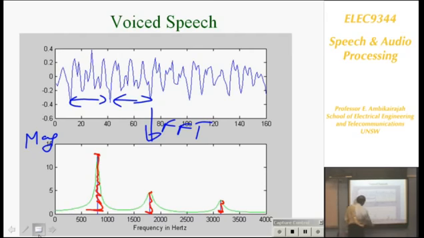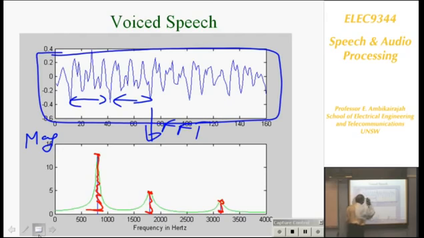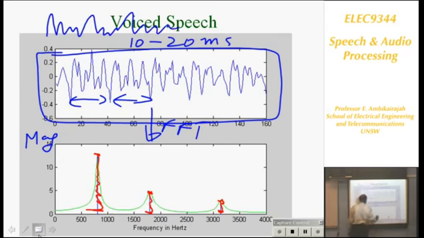And you can see here, this is the whole data. You don't analyze a small section, but the whole frame, which is about 10 to 20 milliseconds. If you're doing frame processing like that, you divide the speech, and it doesn't matter where you start, you say that's my first frame, that's my second frame, frame 1, 2, that's my third frame, and you can look at the formant frequencies.